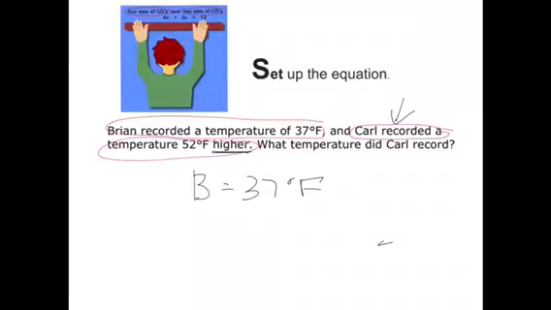So Carl's temperature, we already said, was equal to C. So what if I say C equals whatever Brian's temperature was plus 52 degrees Fahrenheit. This equation means that Carl's temperature has to be 52 degrees higher than Brian's temperature. So now I have my equations set up.